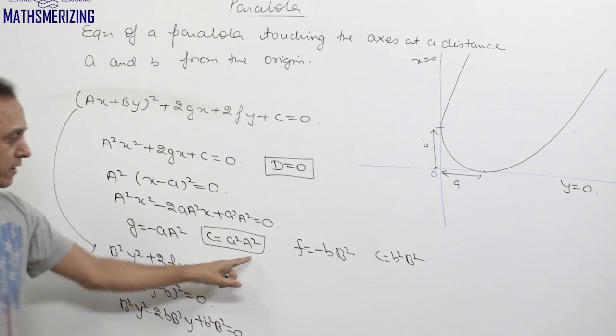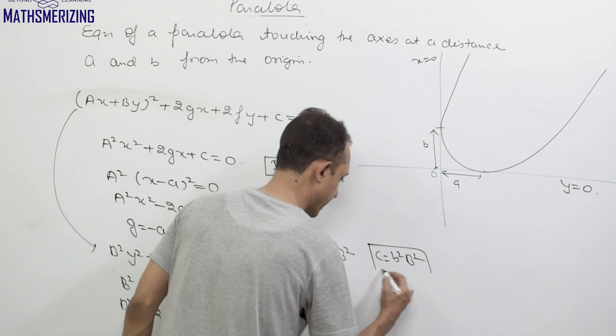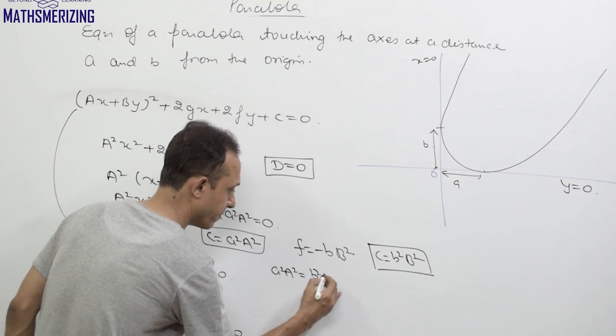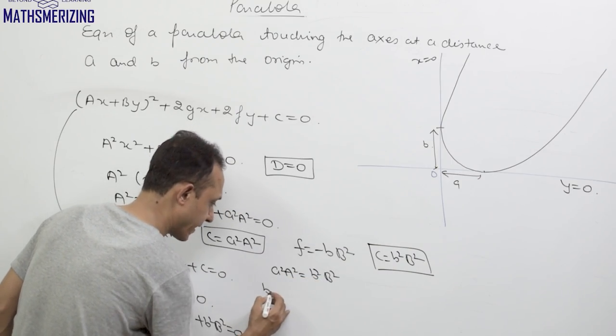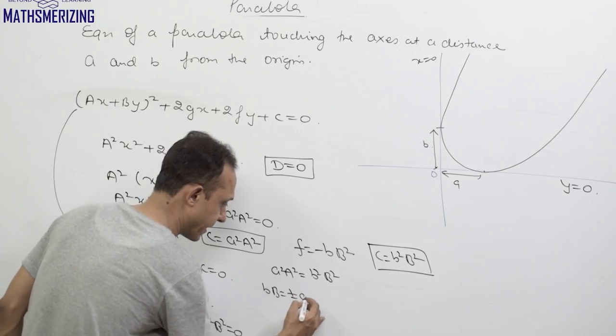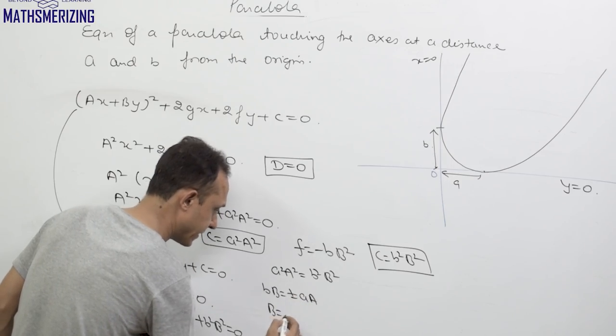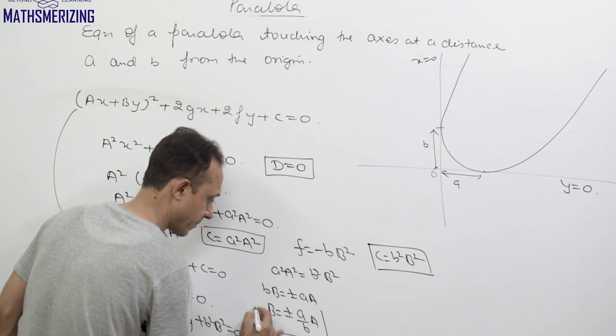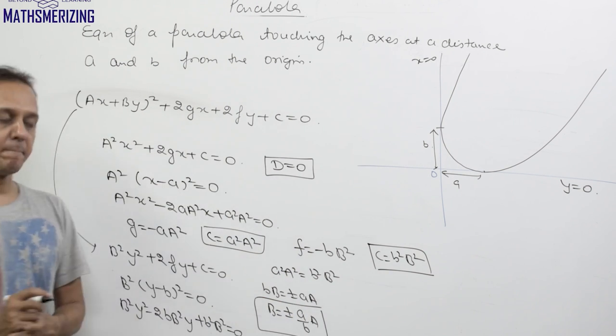Now we'll compare these two values of c, then we can write a square into a square is equal to b square into b square, or we can write b into b is equal to plus minus a into a. So we can write b as plus minus a upon b into a.